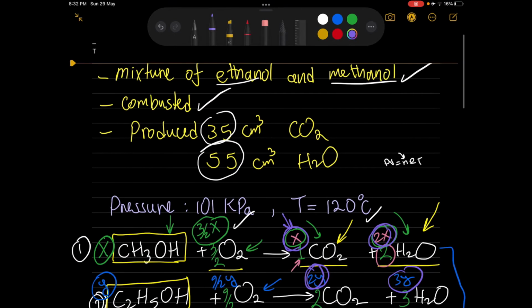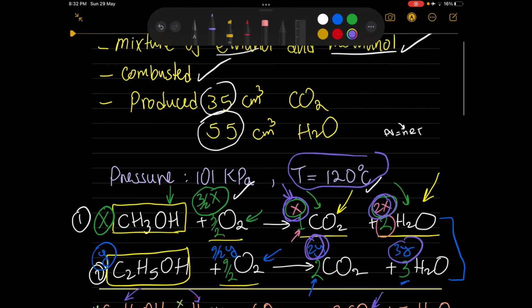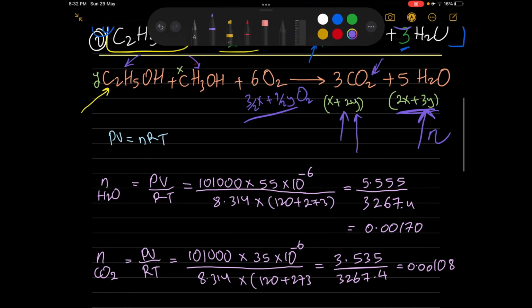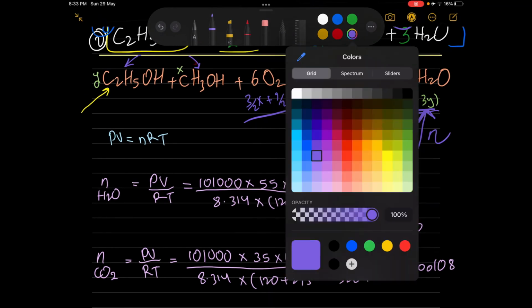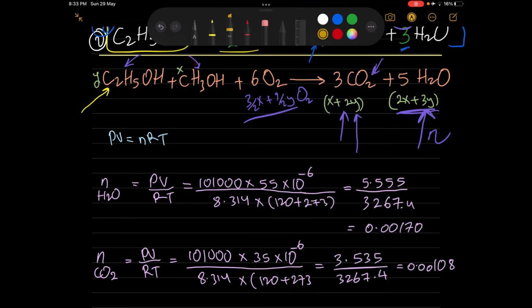Now let's go again. We are given data about the temperature, pressure and volumes. So let's start calculating the number of moles of each one, starting with water. According to the rule PV = nRT, we have pressure, volume, temperature, and R is already a constant.